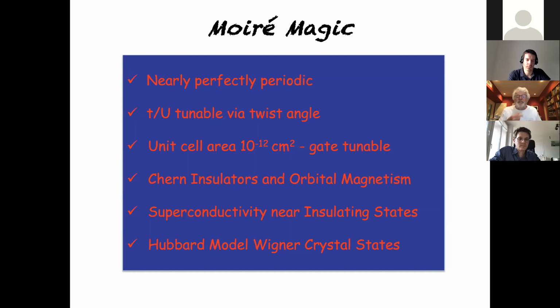So I'm going to talk a little bit about how you understand these Moiré systems in a simple way. And I'm going to talk mainly about two classes of phenomena, if you like, that have been observed in these Moiré crystals so far.